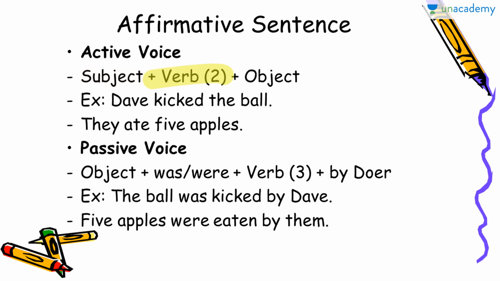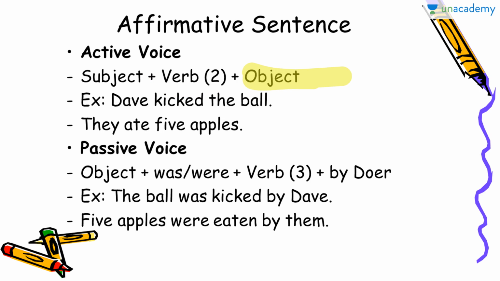Then the second form of verb is used. As the name of tense suggests, it's a simple past tense. That is the reason the second form of verb, which is the past form of verb, is used in this structure of active voice. And then we put the object, which is basically the thing on which action is done.